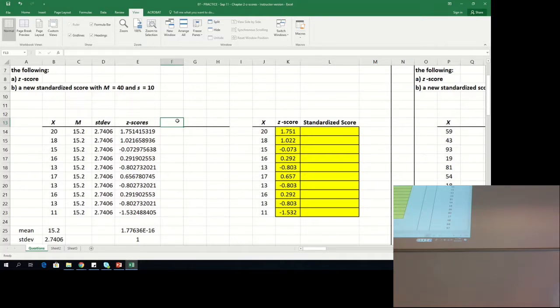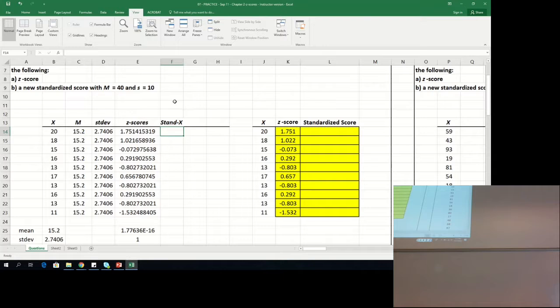All right. So we have z-scores. We're done with part A. Part B, we need new standardized scores. So we can just write in for this, stand X for standardized scores. And this time it's a little bit more straightforward because we're going to be using the formula where you use a z-score, a mean, and a standard deviation to get your raw score.